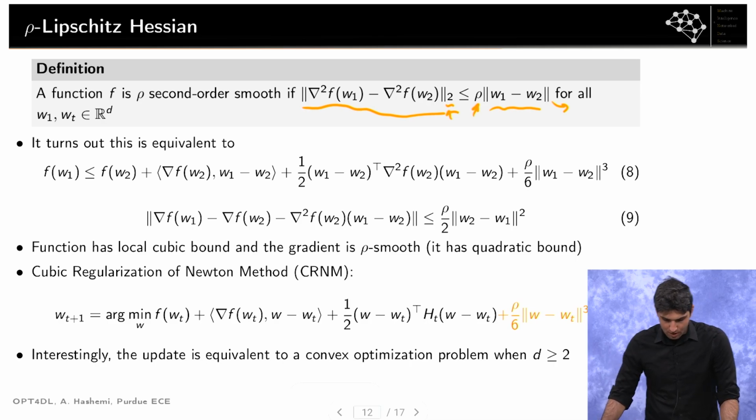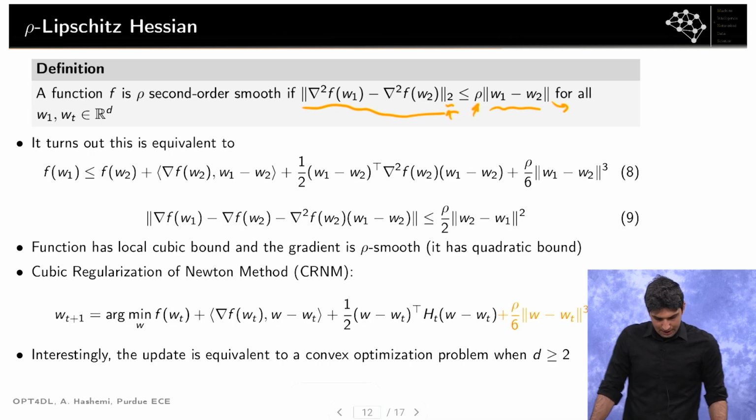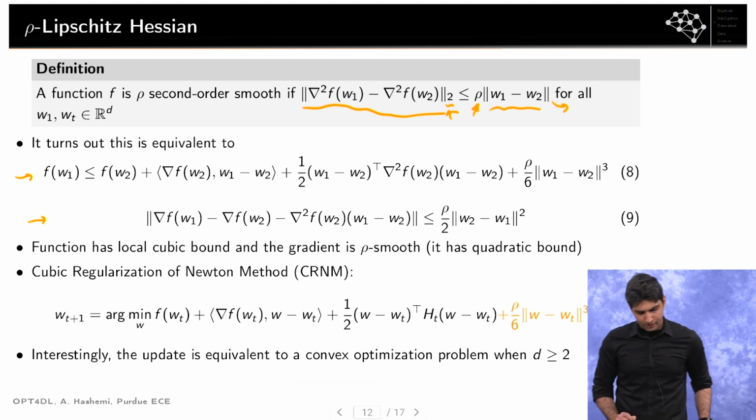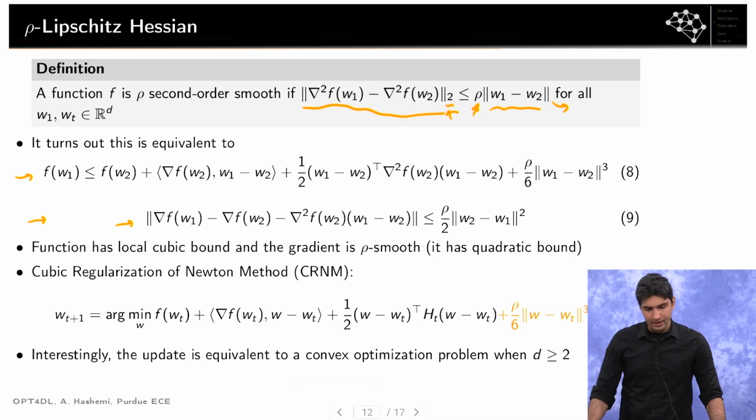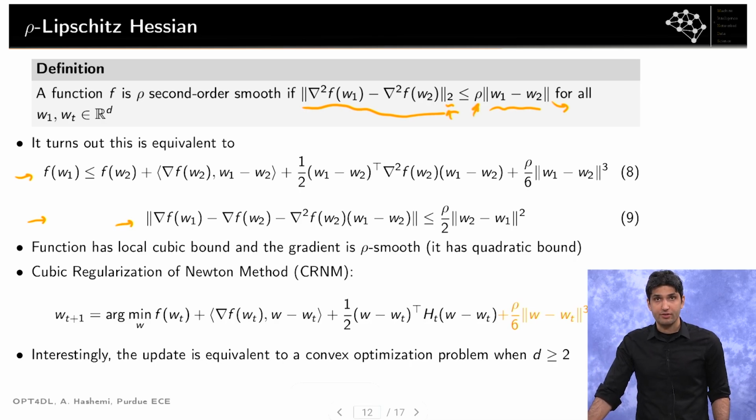This is the definition of second order smoothness, or Hessian Lipschitzness. And it turns out that this is equivalent to these two conditions that I'm writing here. The first condition says that there is a cubic upper bound on the function, and the second condition says that the gradient is smooth.